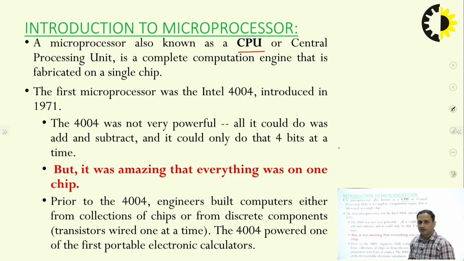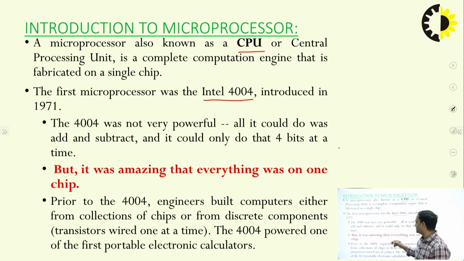The first microprocessor was the Intel 4004, which was introduced in 1971. It was also a 4-bit microprocessor.